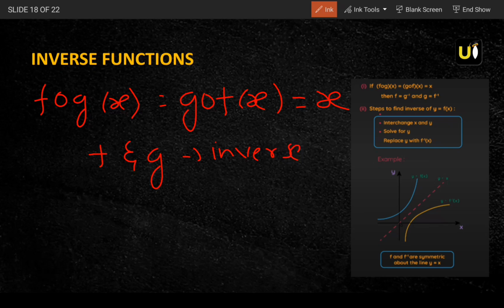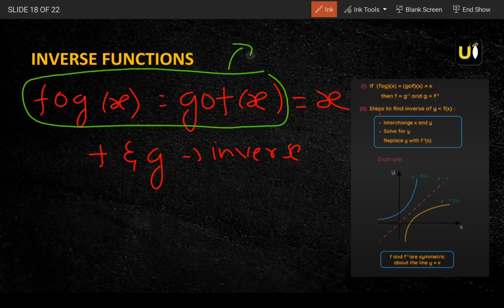Previously I have told that this condition will not be satisfied. Okay, just make a correction. This will be satisfied only in case of inverse functions.